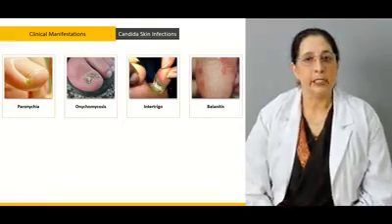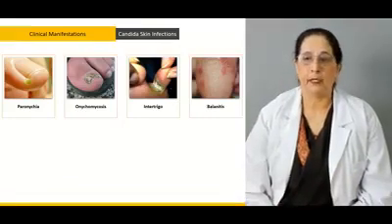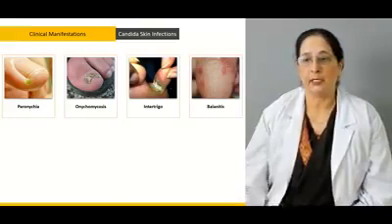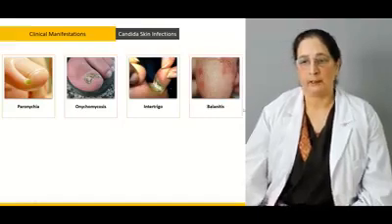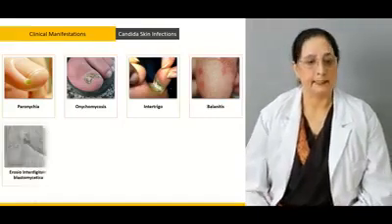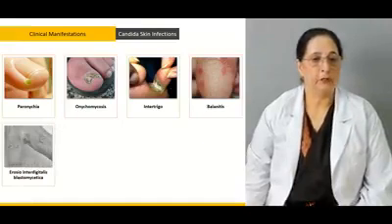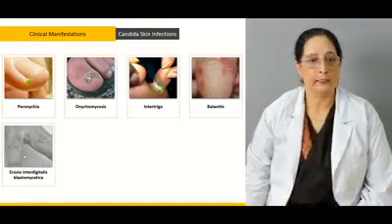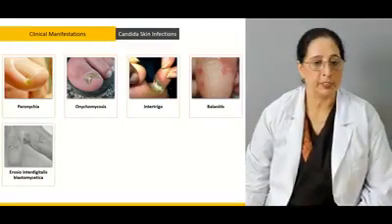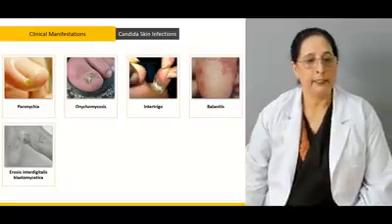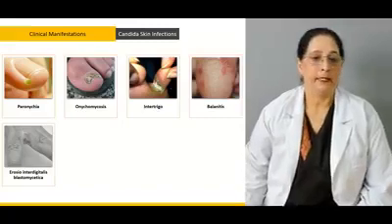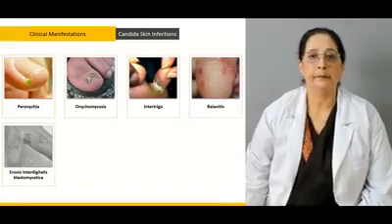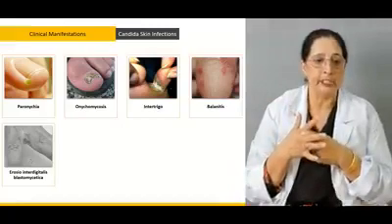Balanitis is a penile condition, and you can see the appearance of the fungal infection. Next manifestation of the skin as a result of candidal infection is erosio interdigitalis blastomycetica, and this involves the structures in between the digits.